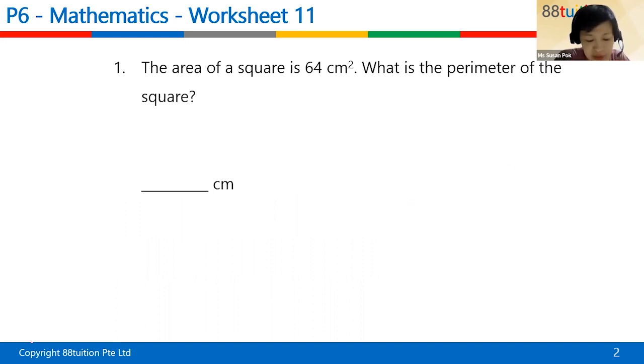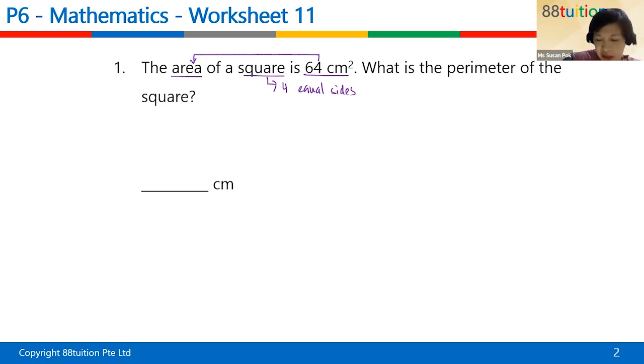Let's start from the area of this square. Highlight the key thing: the square. What can you understand from the square? The four sides are equal. So we say 4 equal sides, and this is given as the area.